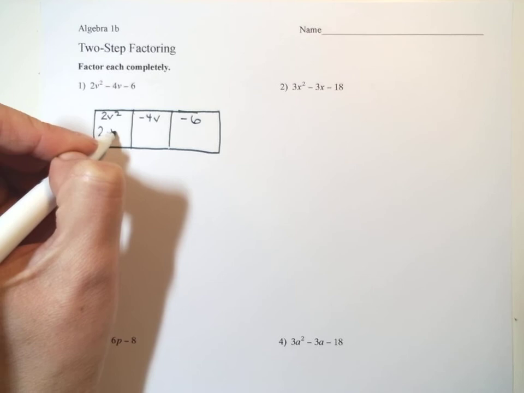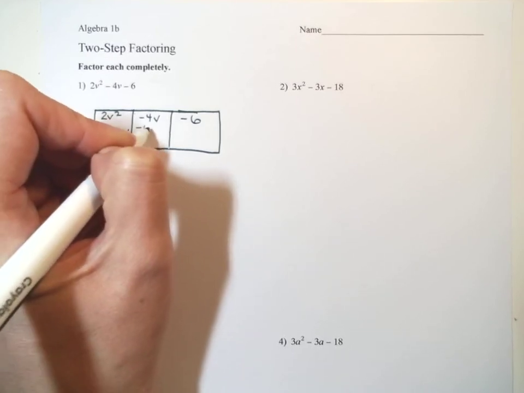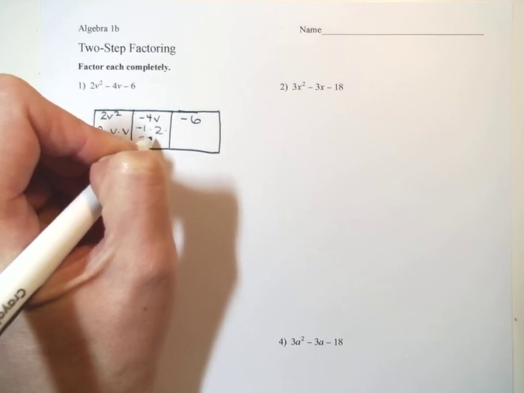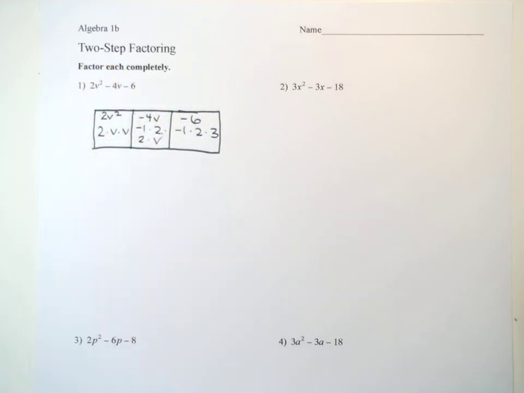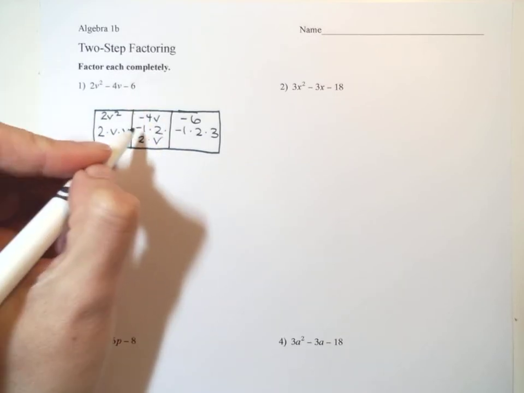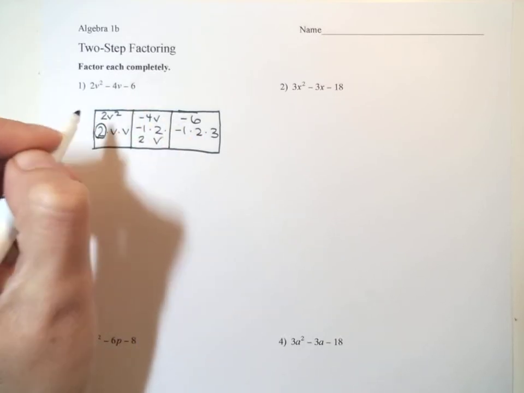So 2 times v times v, negative 1 times 2 times 2 times v, negative 1 times 2 times 3. So our common factor, what do all of these boxes have in common? A 2.